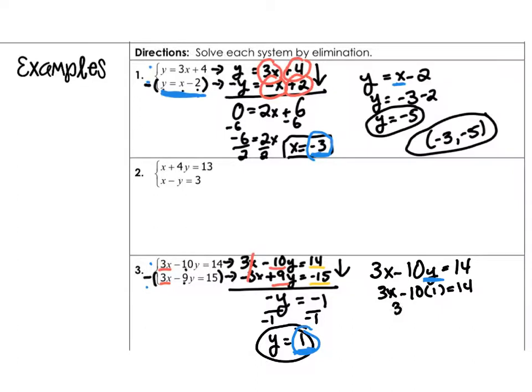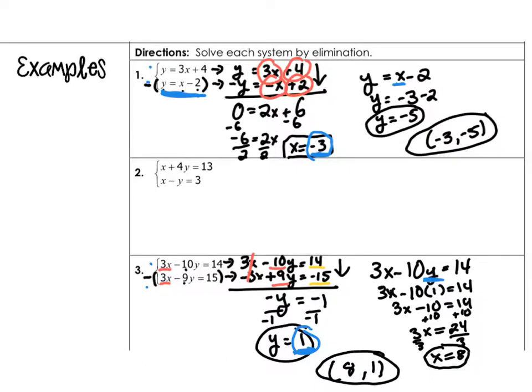So we get 3x minus 10 equals 14. Add 10 to both sides. 3x equals 24. And then divide by 3. So x equals 8. Remember, you solve for y first, but when writing the coordinate, make sure you still write the x coordinate first. So it's still 8, 1, even though we solved for y first.